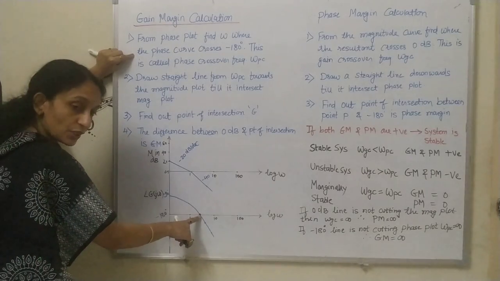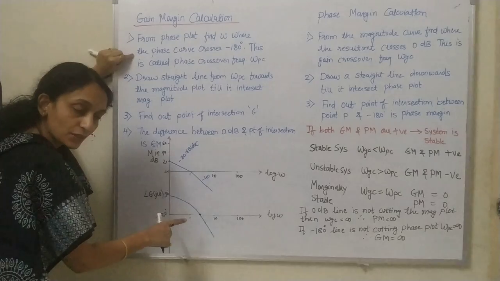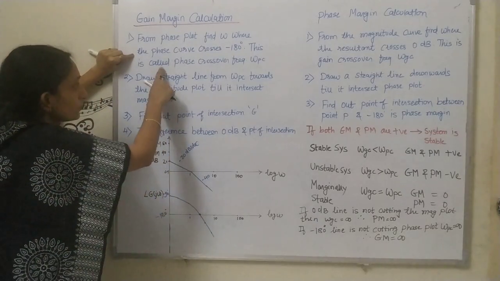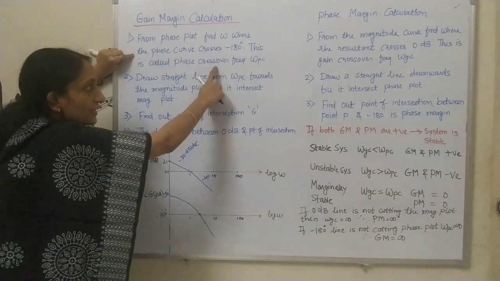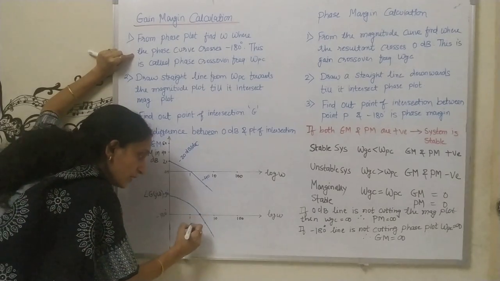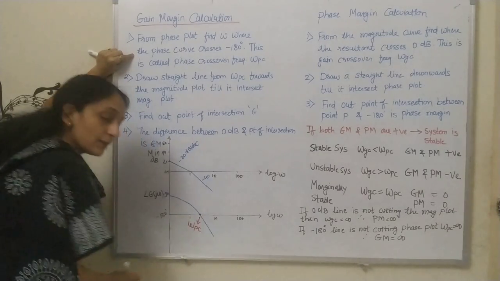So I will get a frequency here, because this is omega, and that will be a logarithmic frequency. What do I call that frequency? This is called the phase crossover frequency, omega PC. So I will write here omega PC. This will be my omega PC.